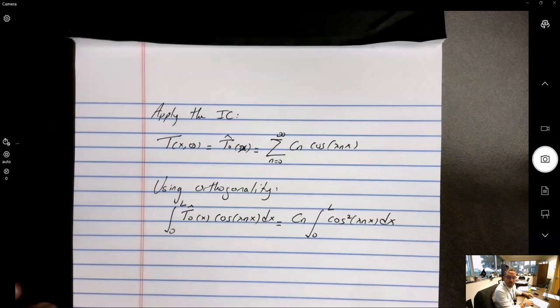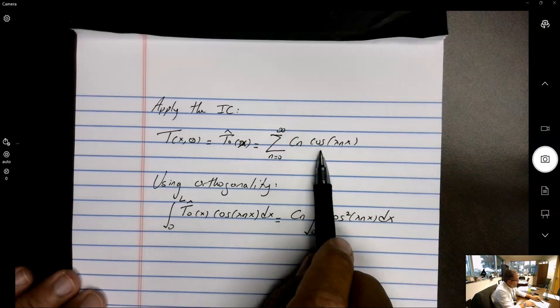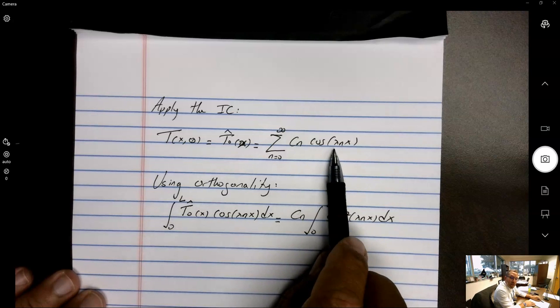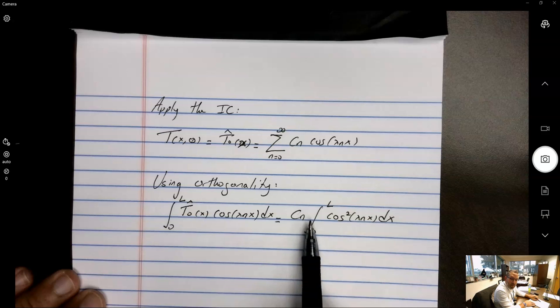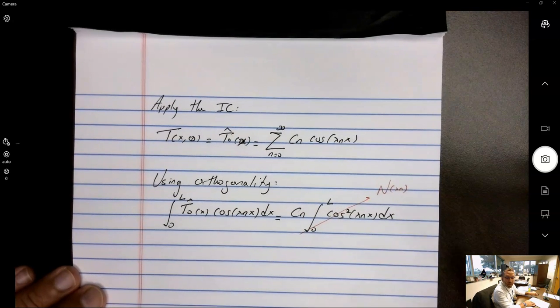So the summation goes away because, remember, the eigenfunction times itself at different frequencies when you integrate over the domain goes to 0, except when the frequencies are the same. So this right here is the norm of lambda n, which we got from the table.